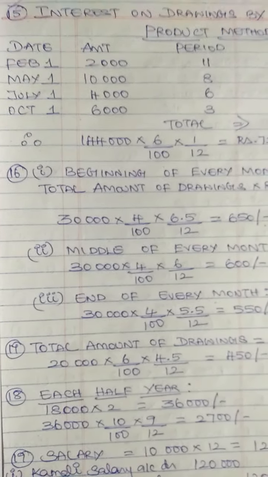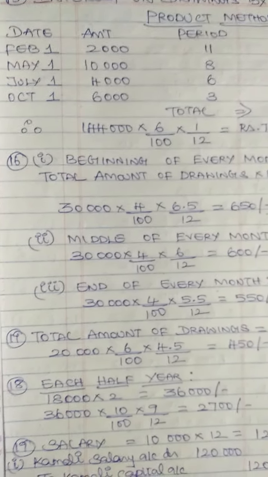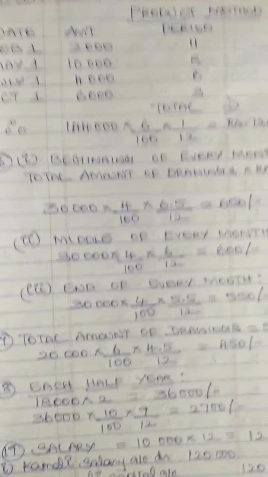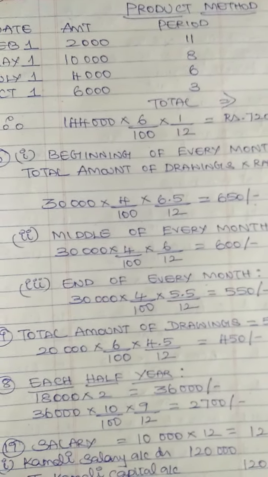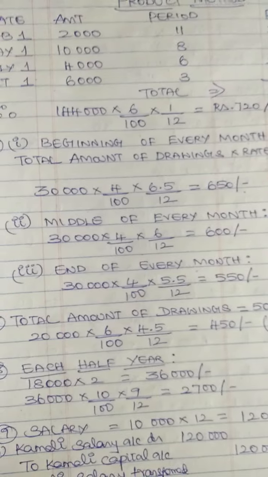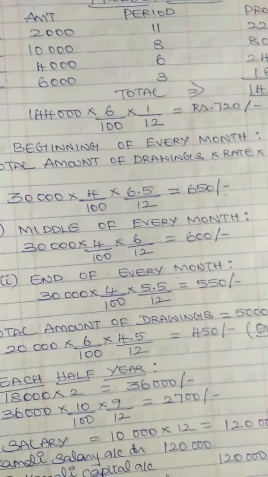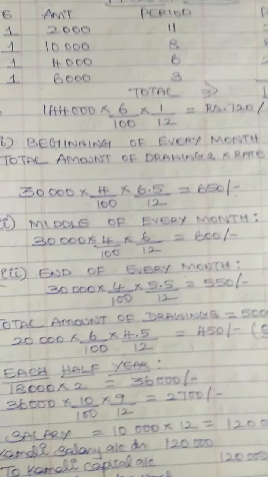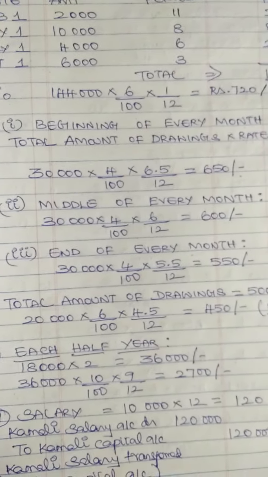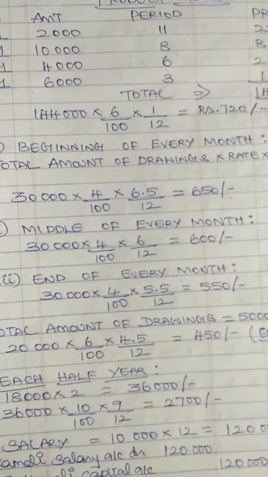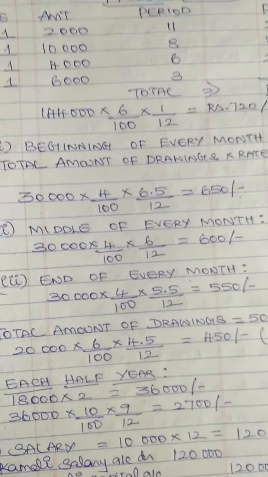Sum number 18 is end of each half year. Sum number 19 is distribution of profit. We wrote the entries for salary and commission, and the transfer entry to the profit and loss appropriation account. Whatever sums we have completed, 15 to 19, you have to work out one more time.